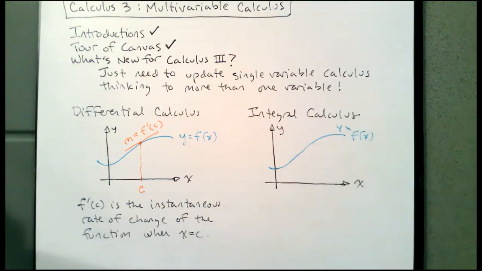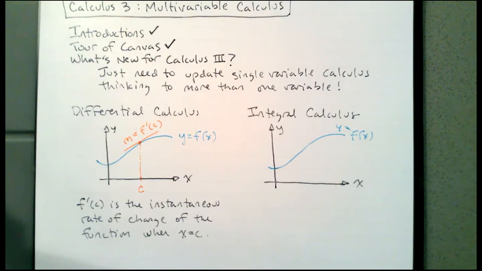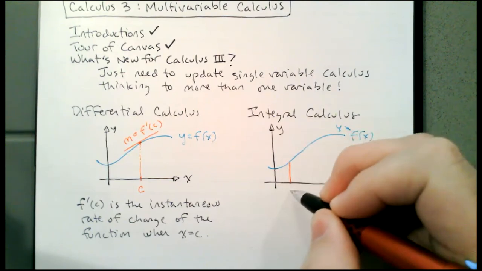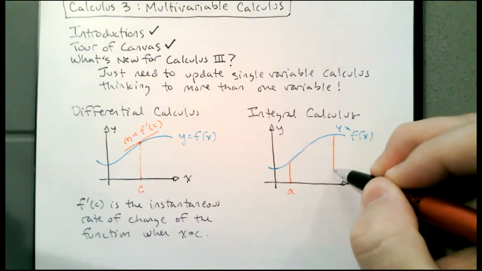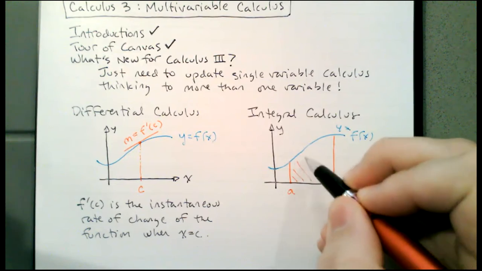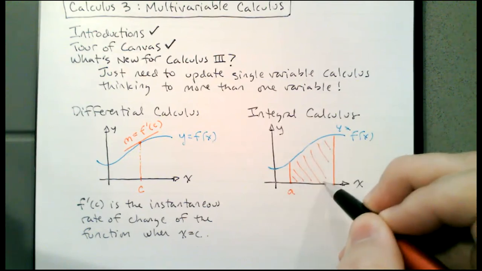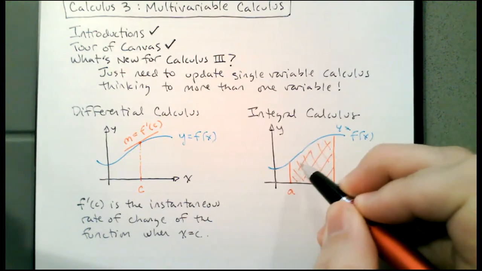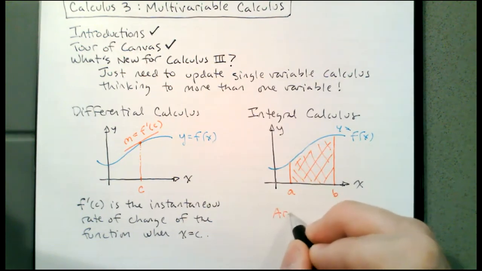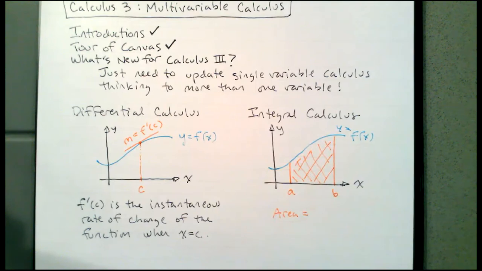And now we're going to look at the area under the curve and above an interval. So that was the big question here. Area under the curve and above the interval from A to B.